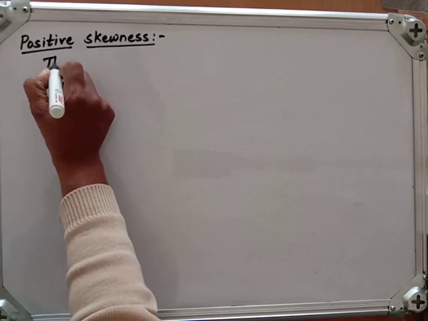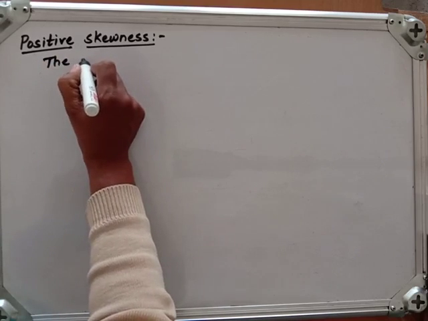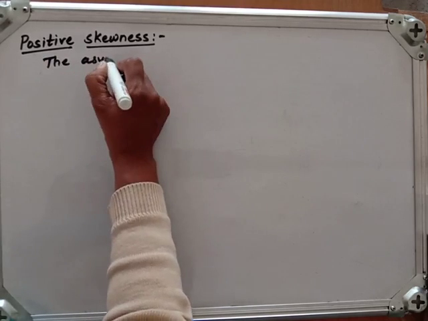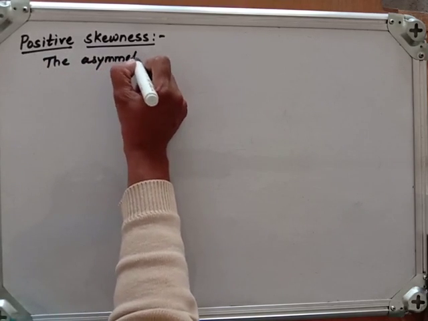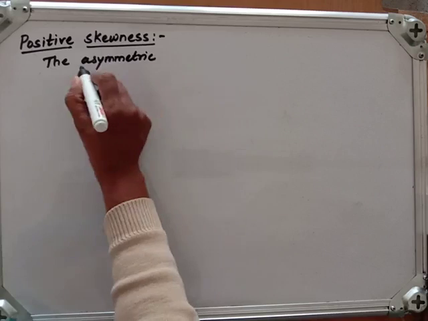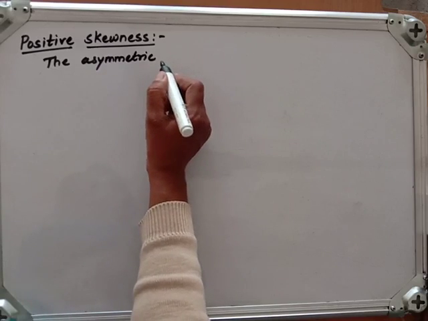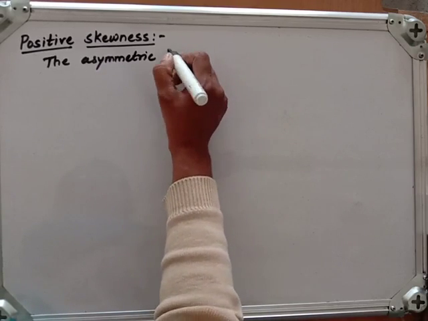What does it mean? The asymmetric distribution which has... asymmetric is the same as saying not symmetric. Not symmetric or asymmetric are both equivalent words. Okay.